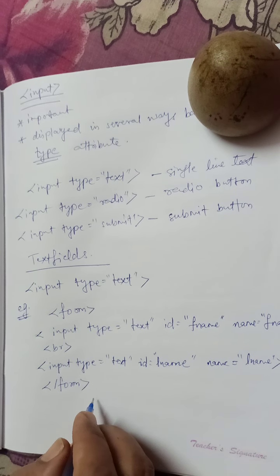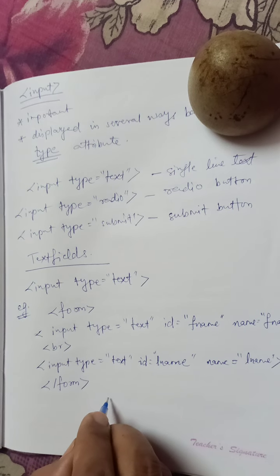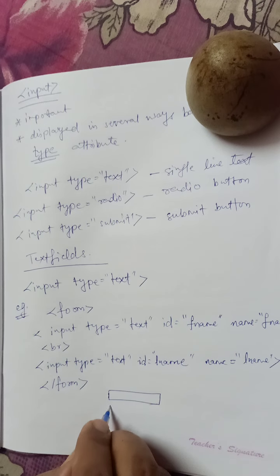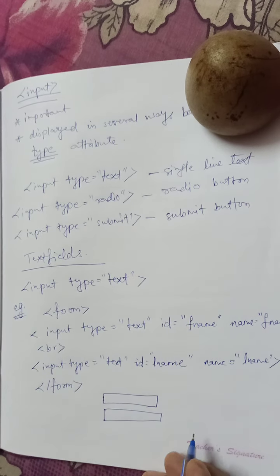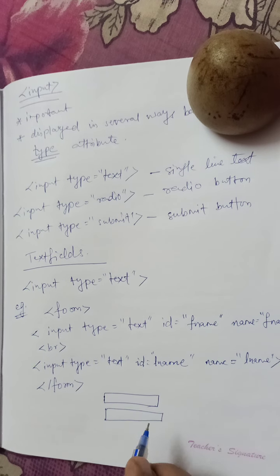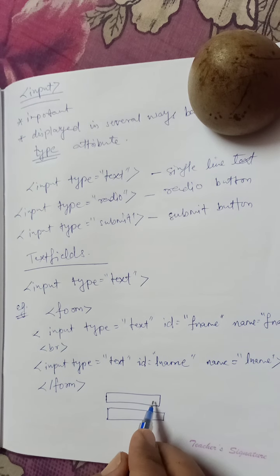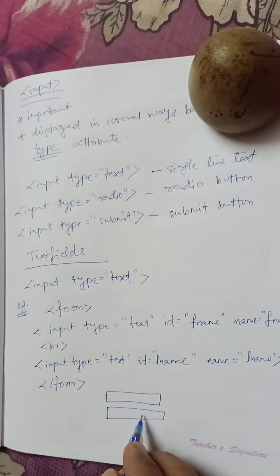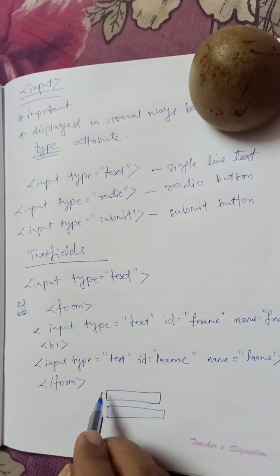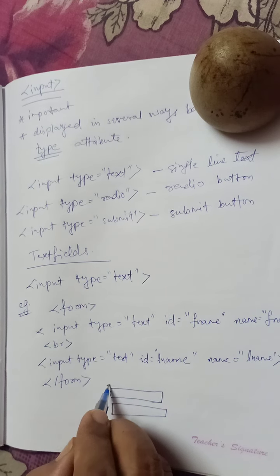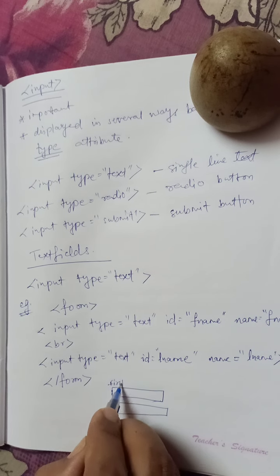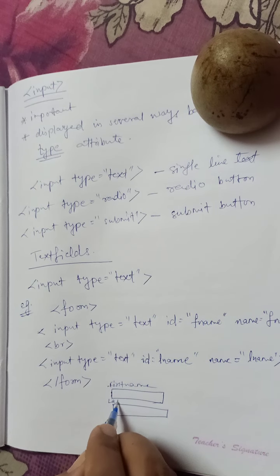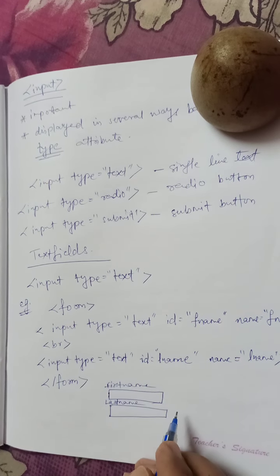Okay, so the output of this will be, I will be first having a text box, next line another text box. Okay, so here I will be taking one input, here I will be taking one input. Now if I want to write here, suppose here I want to write first name, here I want to write last name.